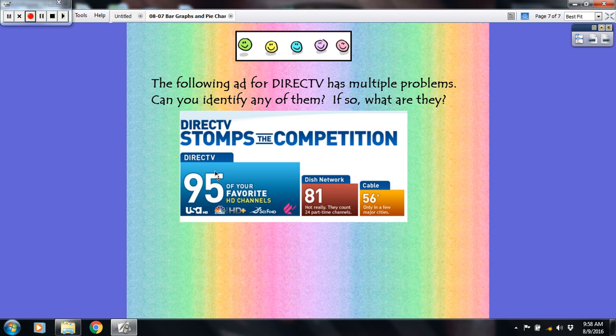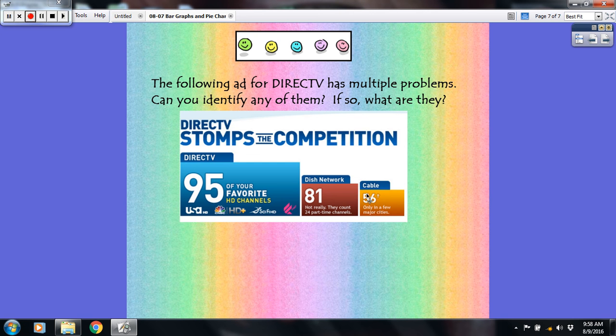Secondly, the size of the numbers here should also be representative of the value that it's supposed to display whenever you're presenting a graph correctly. So here we have a giant 95 and a much smaller 81 and an even smaller 56. And in terms of scale, they did not get equal treatment.